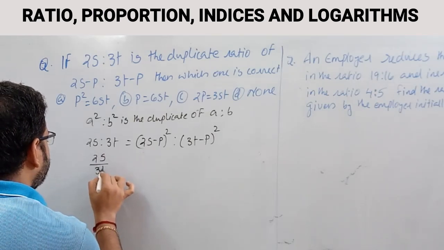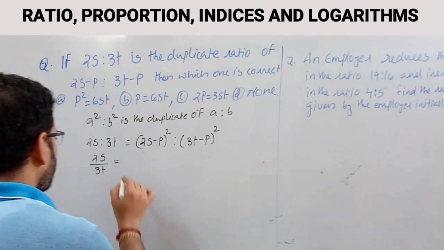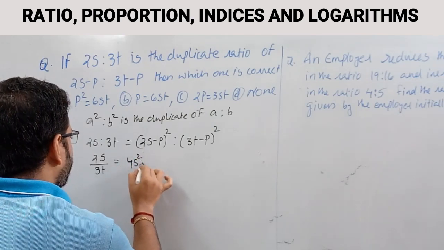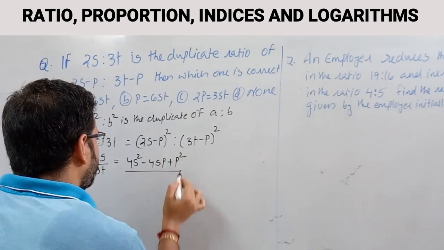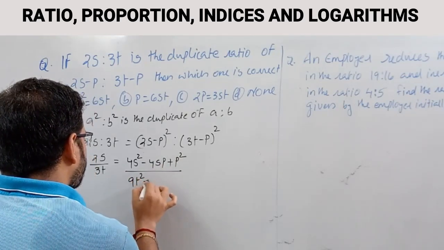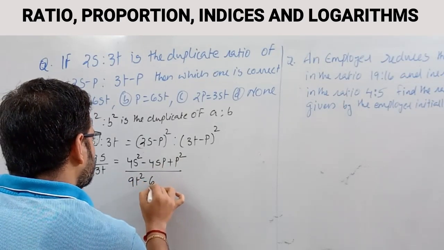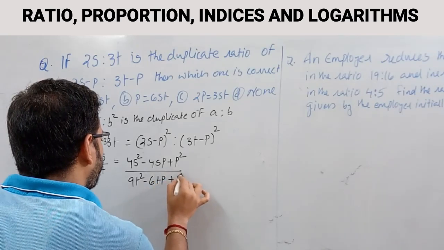2s divided by 3t is equal to 4s square minus 4sp plus p square divided by 9t square minus 6tp plus p square.